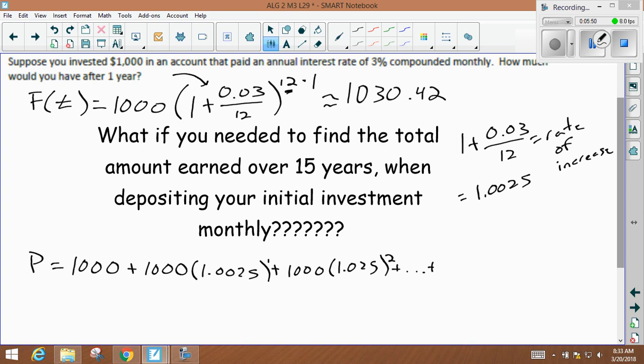Well, how many months are in 15 years? Let's divide it like a smart kid. Okay, 180, but we have to consider that this is the first term, right? So we're going to have 1,000 times 1.0025.